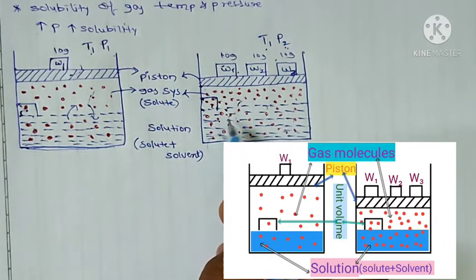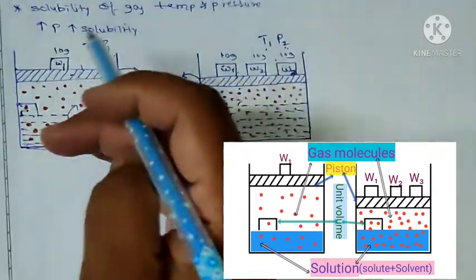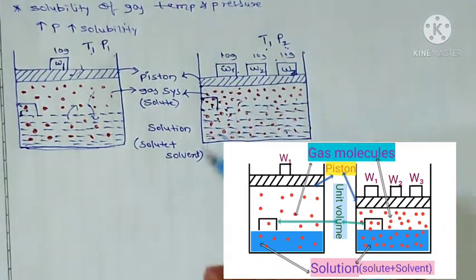So the solubility of a gas in a liquid increases with the increasing of pressure. If you increase the pressure, the solubility of the gas in a liquid will increase.